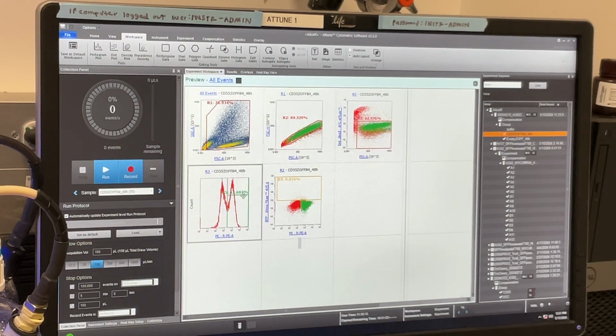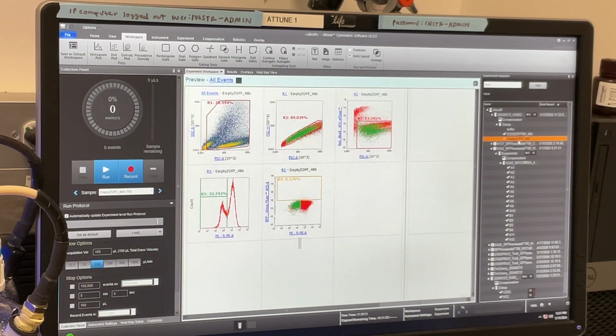If we put the gate on the negative, so this is negative, adding that. So this is only 33% negative. Our other ones are almost half and half.